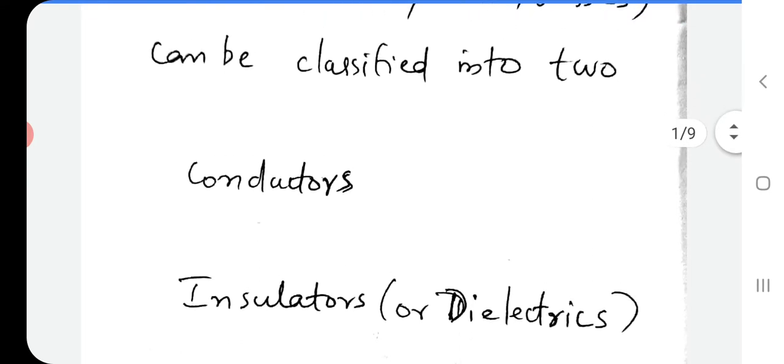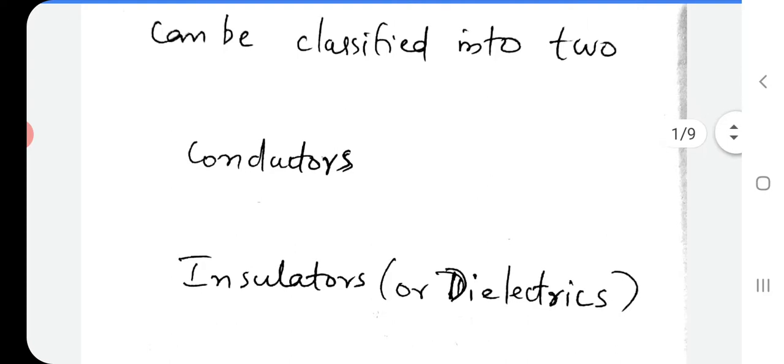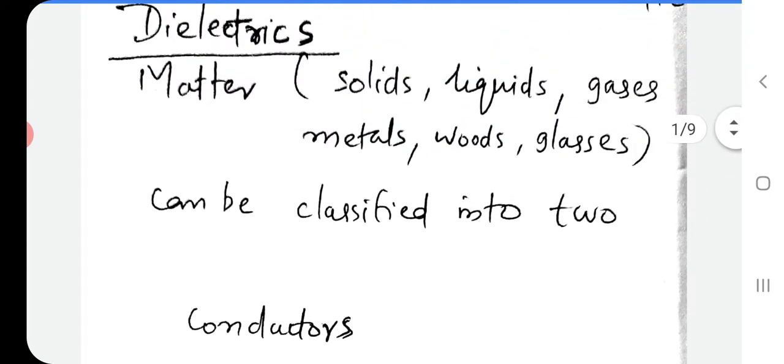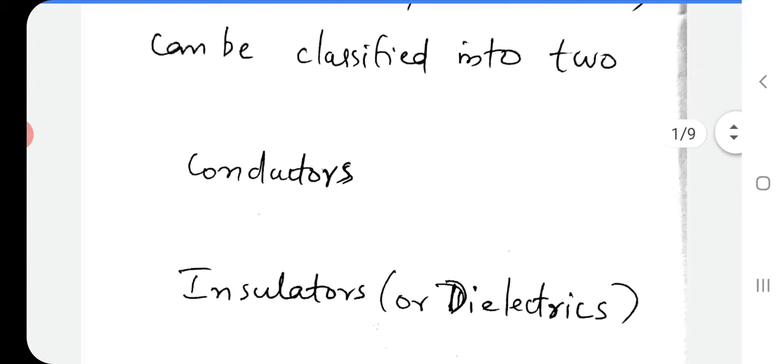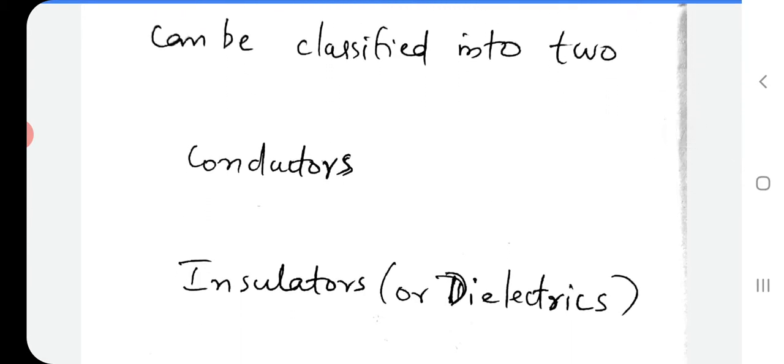Insulators are also called dielectrics. So matter can be broadly classified into two: conductors and insulators, insulators also called dielectrics. So what are conductors?